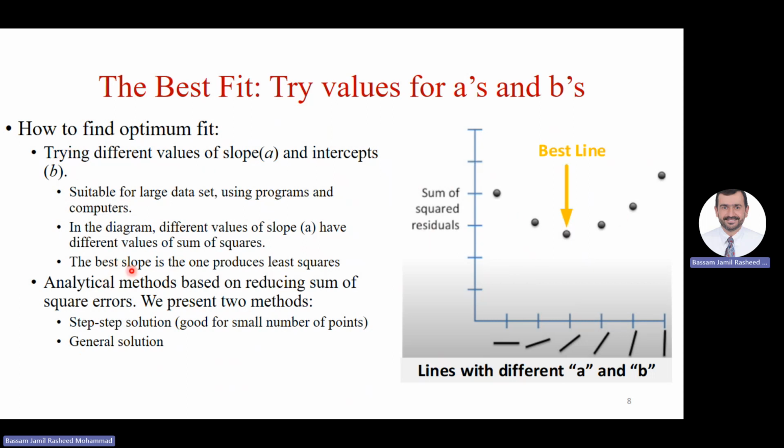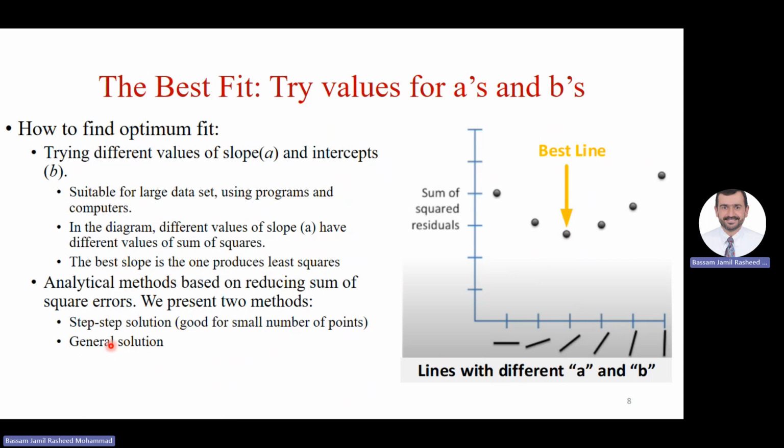You can do the same thing analytically. So we will do two solutions: a step-by-step solution, which is good for a small number of points, and then we will provide a general solution that you can use for many data points.